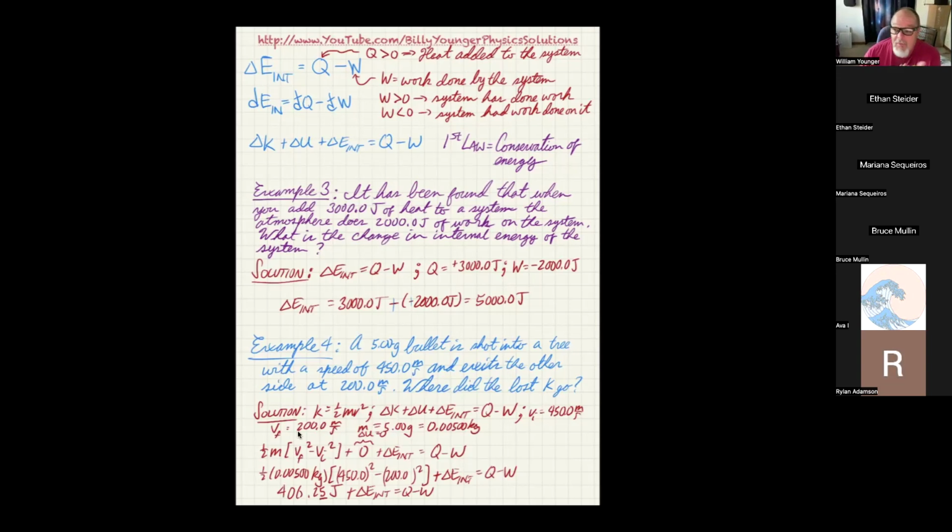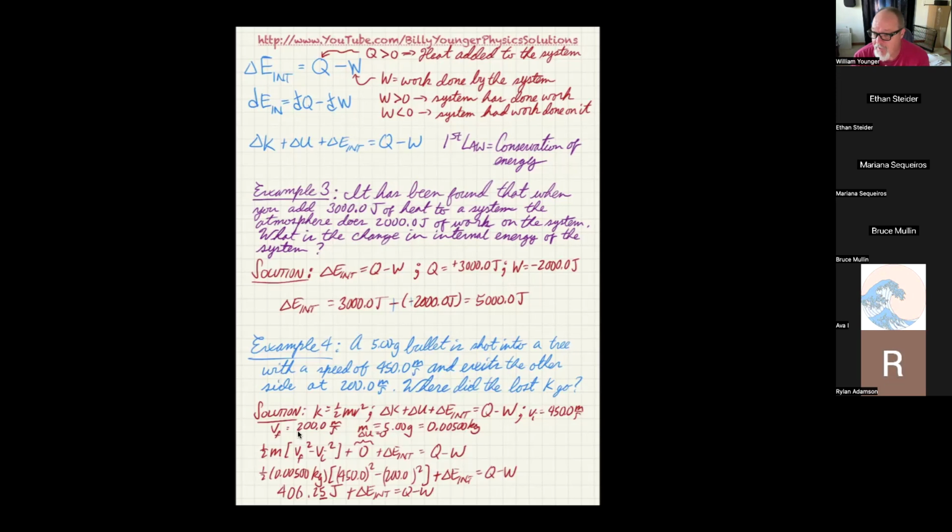And in this case, there's really no work done on the system. If you take the tree and the bullet as our system, then basically no potential energy is involved. No work is done on or by the system by outside forces. That's why I had to specify that the tree and the bullet were the system.